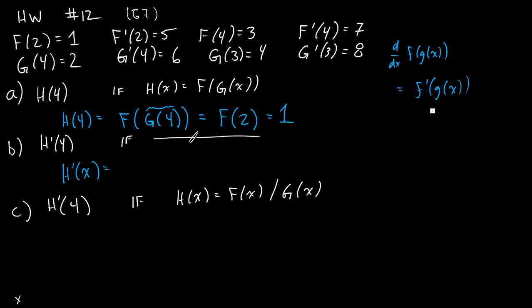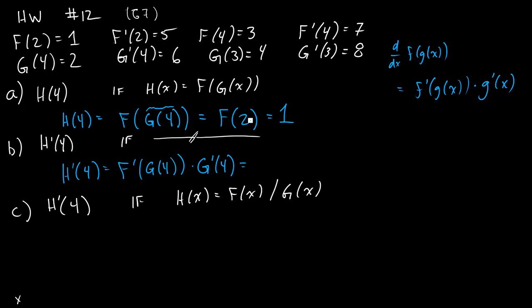You take the derivative of the outer part, and then you multiply that by g prime of x. So with this problem, we're doing it at 4 here. So it's f prime of g of 4. We're just following the chain rule. Go back to that section if this formula does not look familiar, and then we multiply that by g prime of 4, just like here.